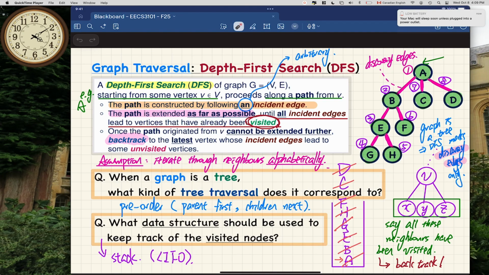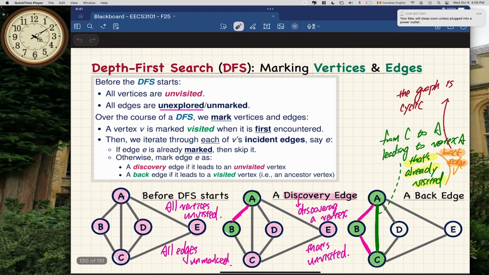Okay, and we spoke about how, in order to really get the depth first search to work, you have to somehow annotate or mark both the vertices and also edges. For vertices, there are only 2 things you're going to mark. Either a particular vertex is not visited in the beginning, or it has been visited.